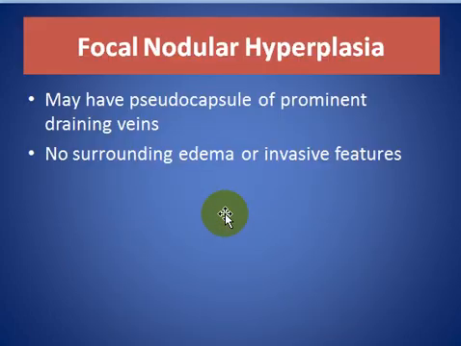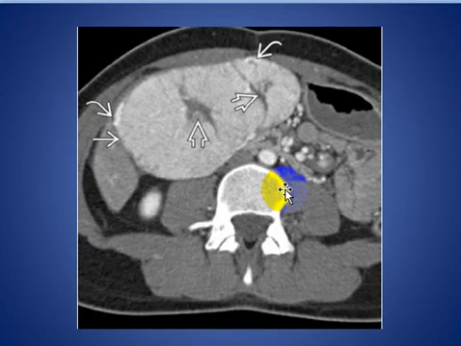Focal nodular hyperplasia may have a pseudocapsule of a prominent draining vein, with no surrounding edema or invasive features seen.